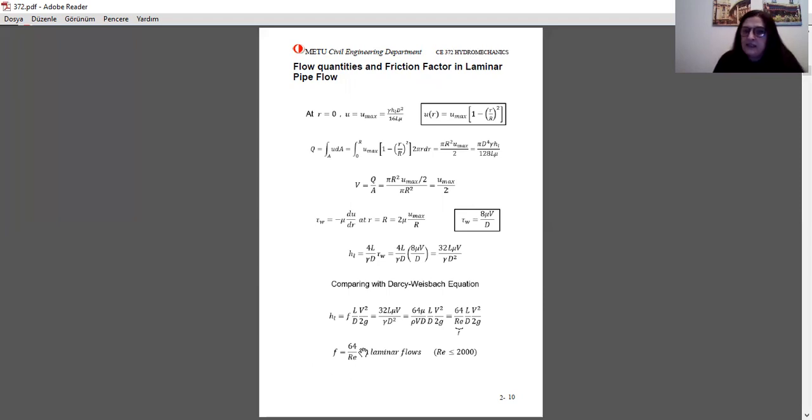You can calculate this f directly and use it in the Darcy-Weisbach equation to solve for the friction loss that occurs between those two sections, which are L apart, with a given diameter and the velocity that you have. I hope it is clear for the laminar flow calculations.